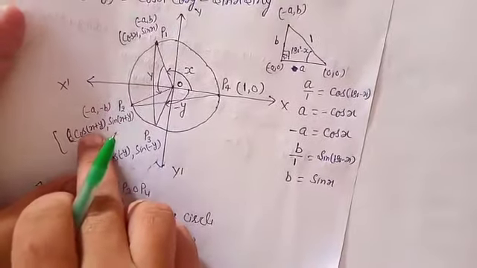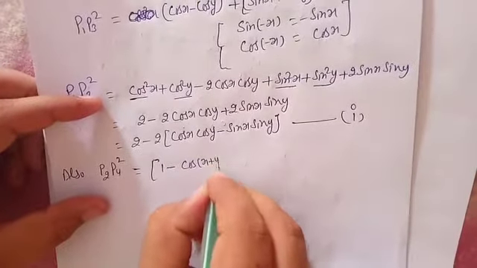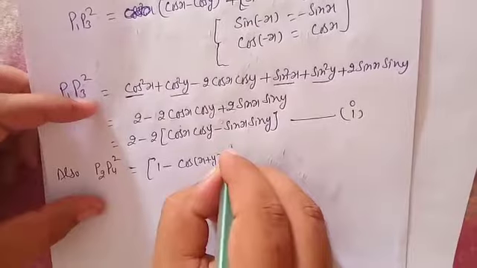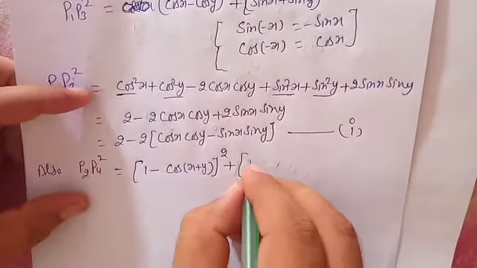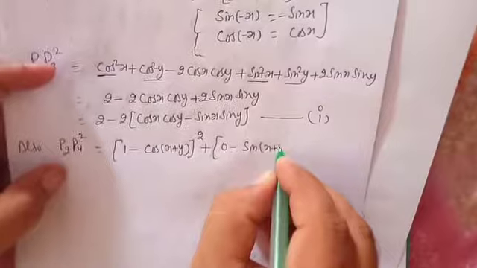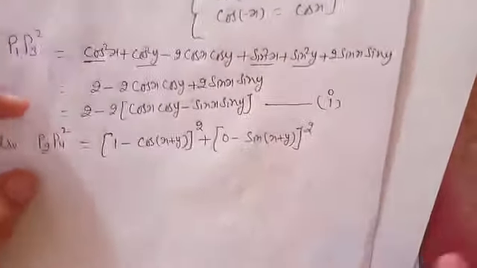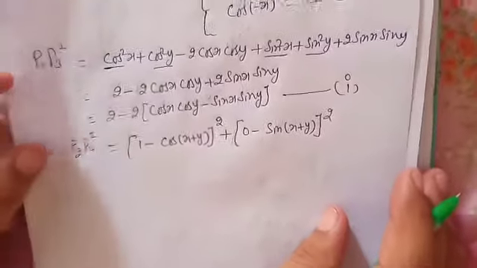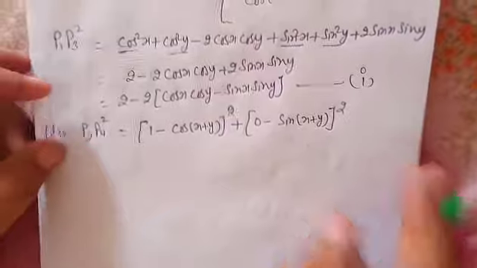P2 is this: cos of x plus y, minus cos of x plus y, its square. What is the y coordinate of P4? 0. What is the y coordinate of P2? Sine of x plus y, whole square. If you can solve this, what does it become?